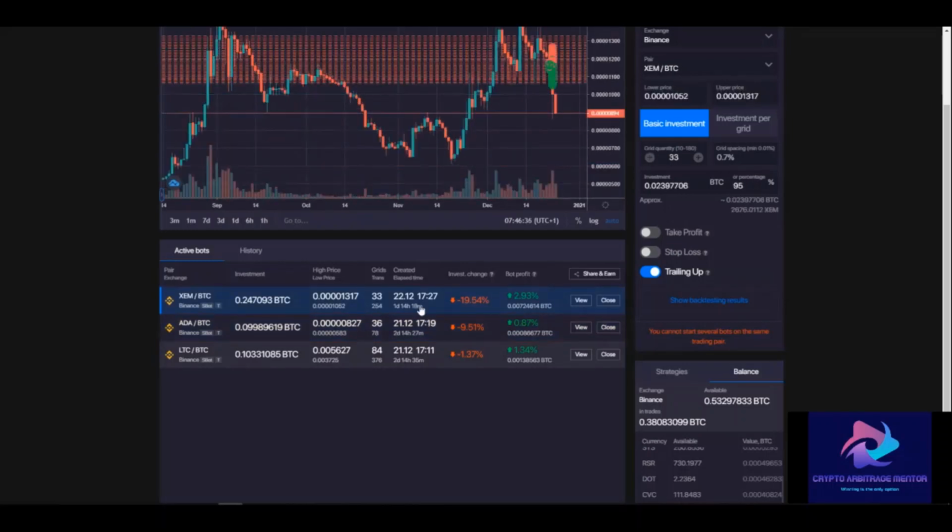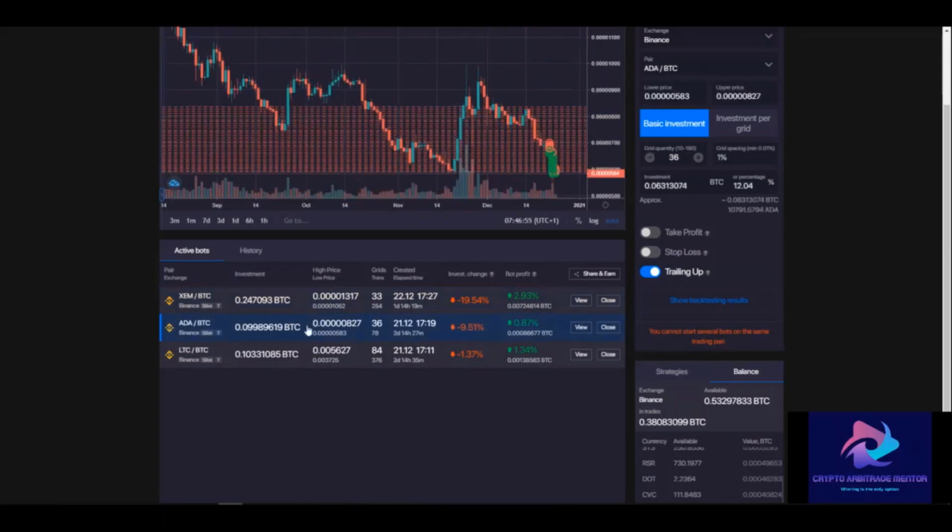But this 0.7% is a good percentage, and I think we can say that this coin is highly volatile, so you can use it in your bot. I think XEM BTC could be a very good bot for testing, and maybe the other BTC is not the best, because with this percentage of 1%, it only makes 78 trades in 2 days and 14 hours.